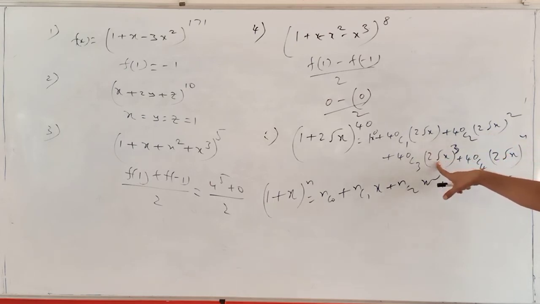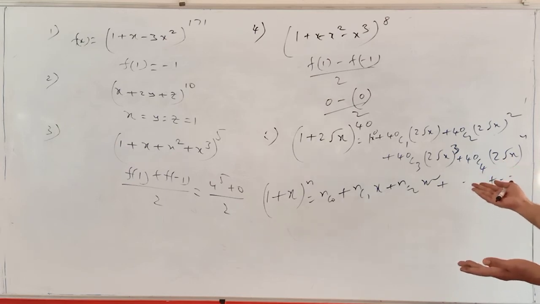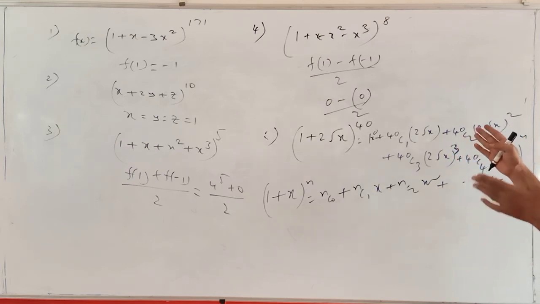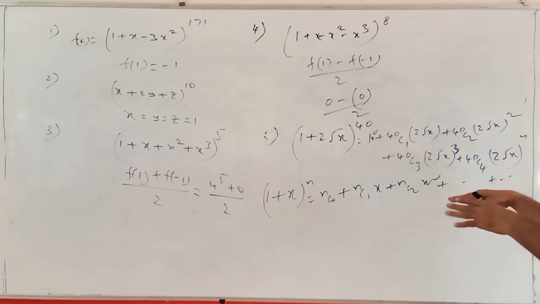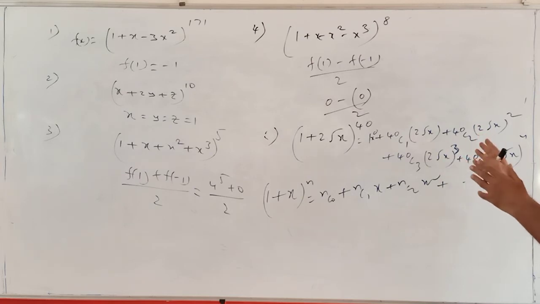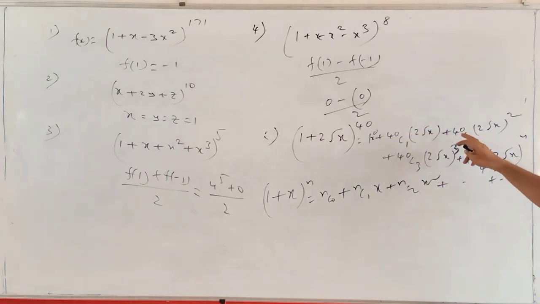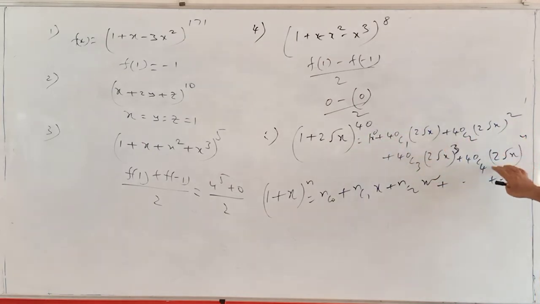Power 3/2 is not an integer. Power 2 is an integer. So indirectly, what is required here? For this problem, the sum of the coefficients of the terms with integral powers is nothing but the sum of the coefficients of the alternate terms. That means first one, third one: A0 plus A2 plus A4 and so on.